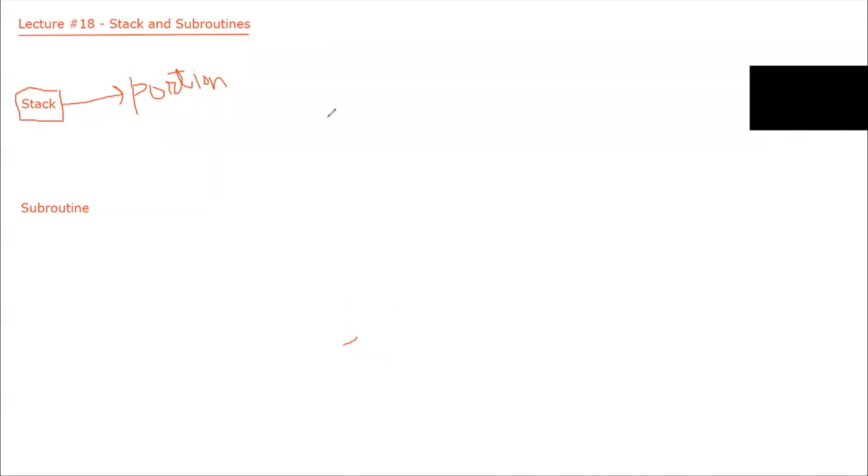A stack memory is some portion in our main memory or read write memory, and this portion is reserved for storing the data. Other portions are also used for storing data.